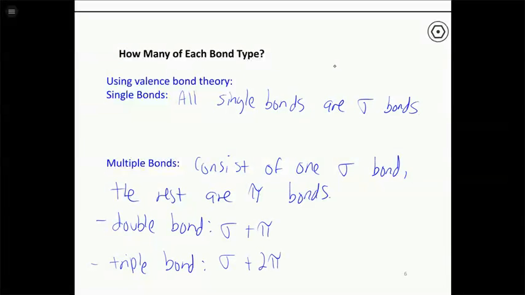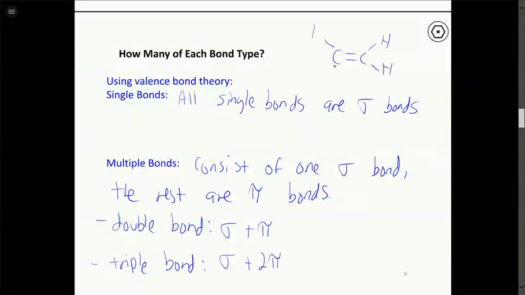I don't have any pictures of this later on, so let me draw a quick picture of this. If you have this molecule up here, call it ethylene, a very simple organic molecule with a double bond. Each carbon is sp2 hybridized.